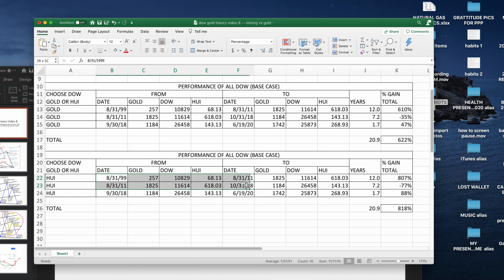The first leg was where the financial crisis was, but still that didn't even show up. So we'll look later at getting rid of this negative 77 and replacing it with something better.